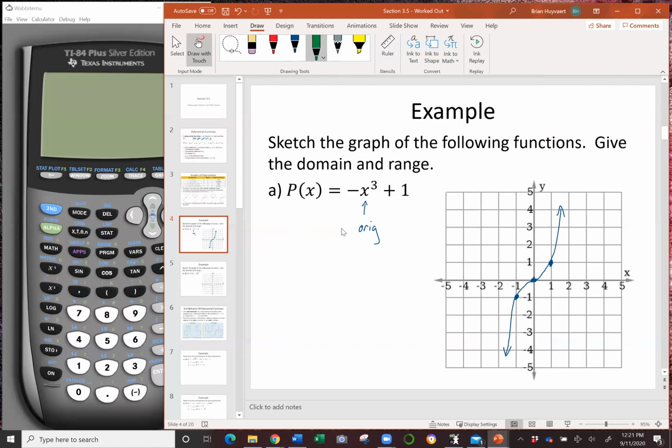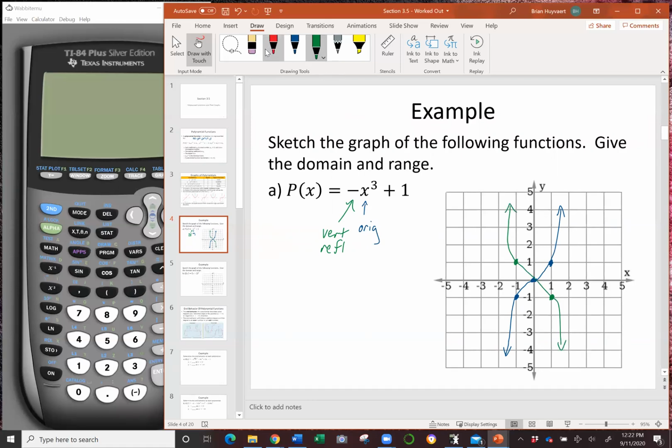But then we have this additional piece with the negative, right? This is going to be a vertical reflection. So that's going to say, all right, let's flip this vertically or over the x-axis. So that means that we're going to have something along these lines in green here.